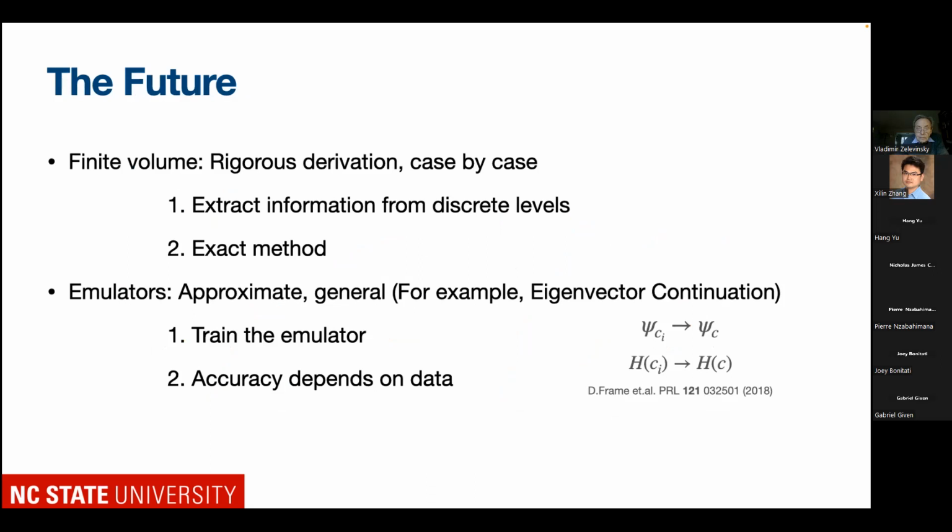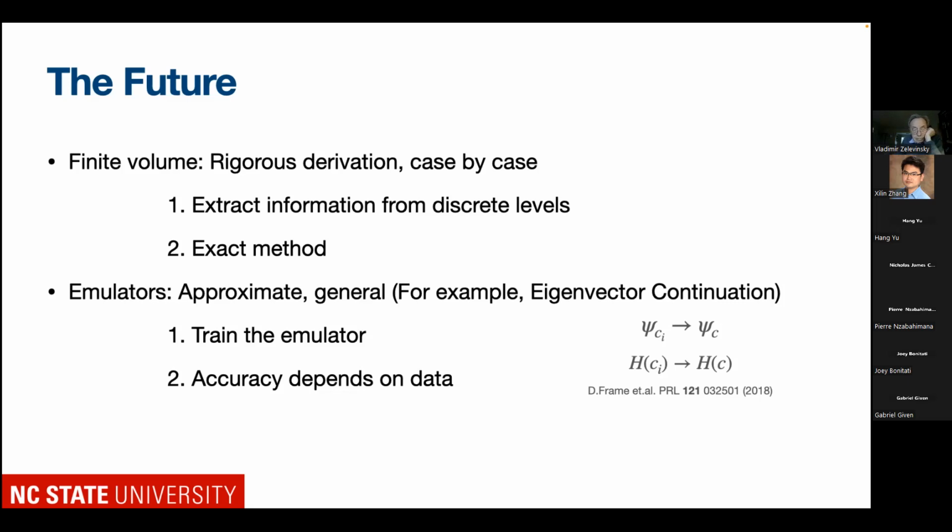Okay, so for the future, the finite volume method is a rigorous derivation, but we have done it case by case. We use this finite volume method to extract information from discrete levels. This is actually an exact method, but it also shares some similarities with emulators. The emulator is an approximate method, but it still works in general. To get the emulator to work, we first train it with data, similar to the finite volume method.